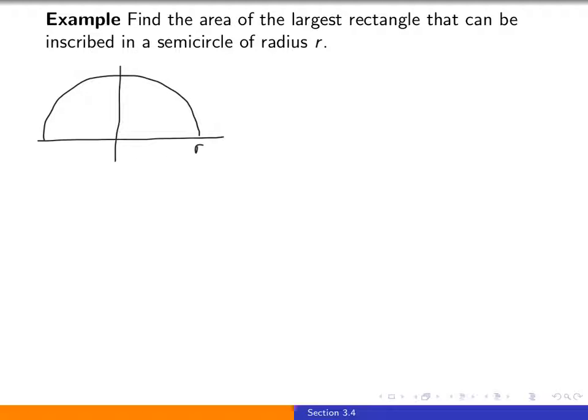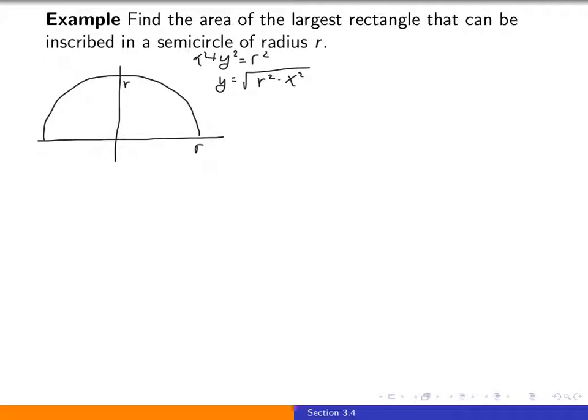This is going to be the top half of the circle, x squared plus y squared equals r squared. And because it's the top half, that's going to correspond to y being the positive square root of r squared minus x squared.